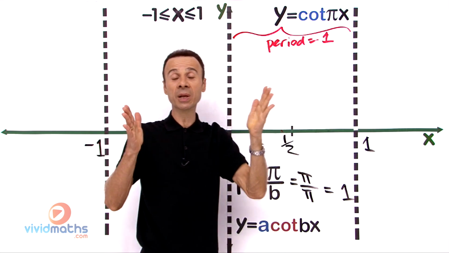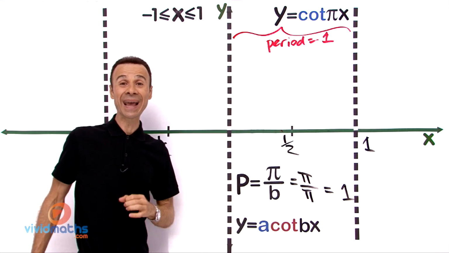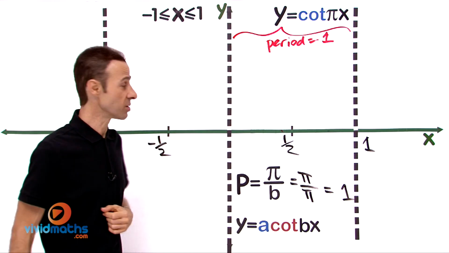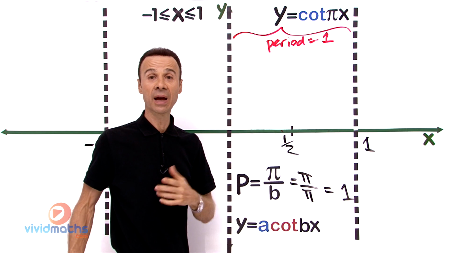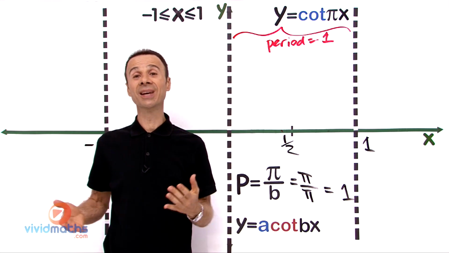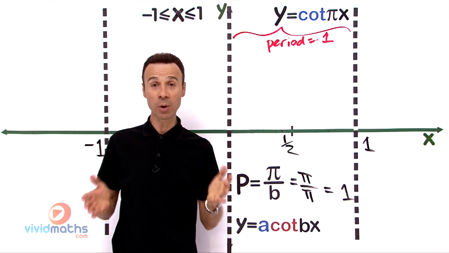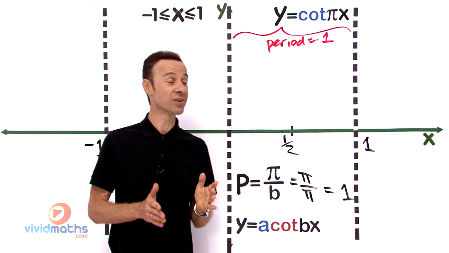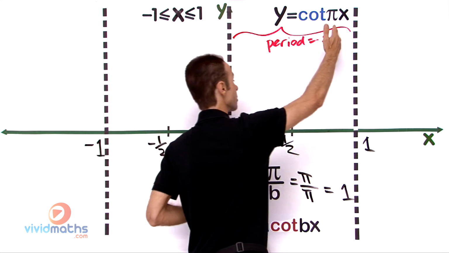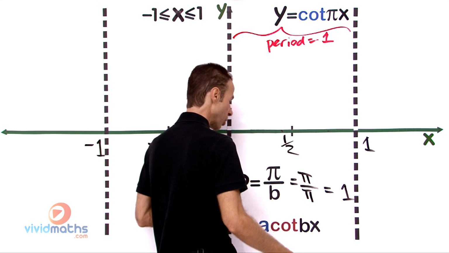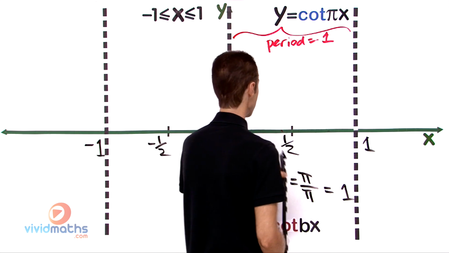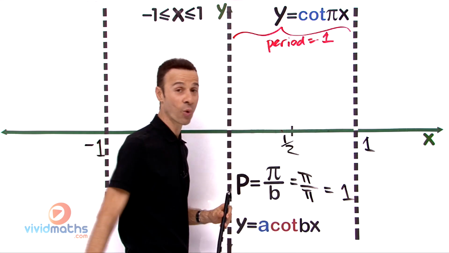Now if we split it in the middle in half, that's where it's going to be an x-intercept for the cotangent. So in the middle along here at 1/2, we have a curve. Now all you need to know with cotangent is that it's going to have the opposite slope to a conventional tangent. Now which way does a tangent go? It goes this way. With a cotangent, it's going to go the opposite way. So why don't we go ahead and put one in. The x-intercept is at 1/2.